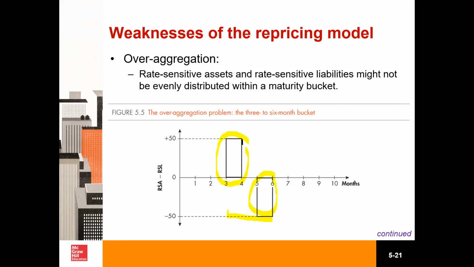For example, assets are maturing in the beginning of the period and liabilities are maturing at the end of the period, instead of maturing at the same time. But the simple repricing gap model does not consider this. As a result, the effect of interest rate changes cannot be accurately calculated by the repricing model.